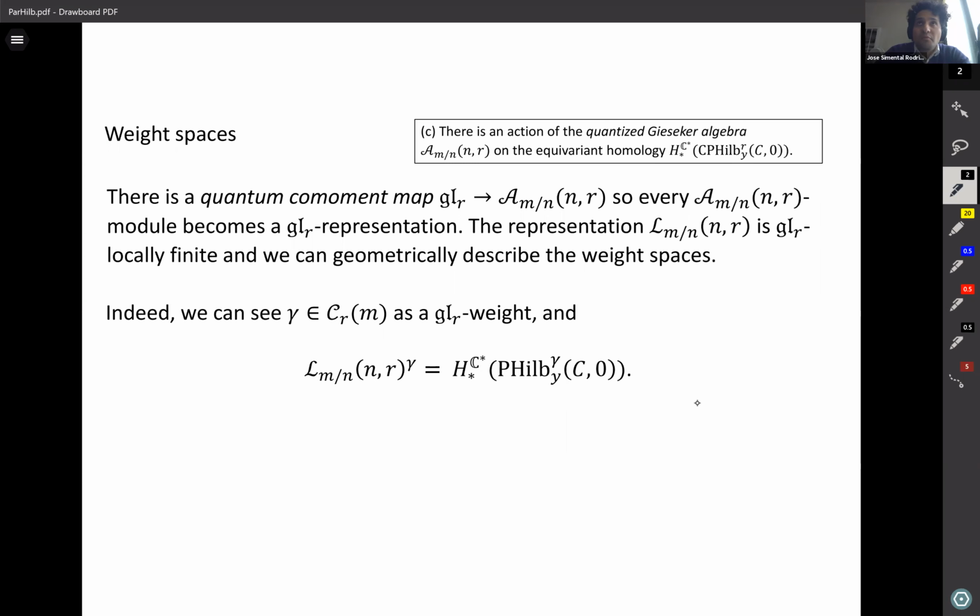This representation that we just constructed is locally finite, and the weight spaces are given precisely by the equivariant homology of the different parts of this compositional parabolic Hilbert scheme. And the action of GL_R one can explicitly get using correspondences again. Okay, any questions?